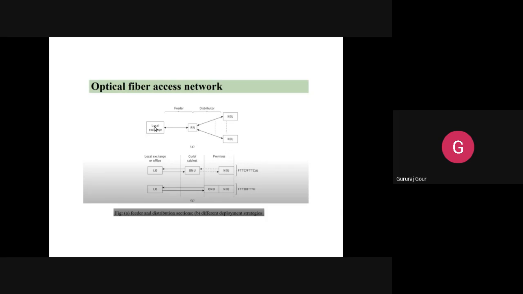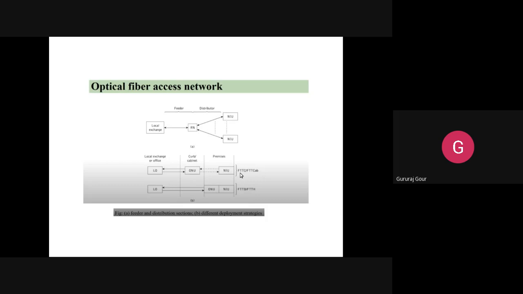So this is the typical structure of any access network, and figure B indicates how it could be deployed commercially. Yellow indicates the local exchange office, which will be connected to the network interface units, or premises where the NIUs are deployed commercially.